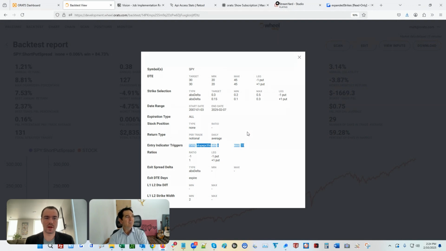Because we wanted you to do the iron condor when the IVR was high. Now, since we're buying slope by doing a short put spread, we want to buy when it's low, right? So we want to buy when the slope percentile is low. So that's why the maximum that we'll buy is 33, but we want to buy below that. So does that make sense so far?